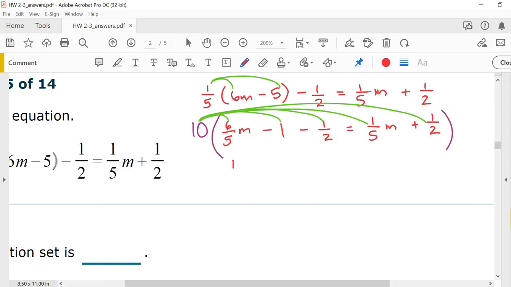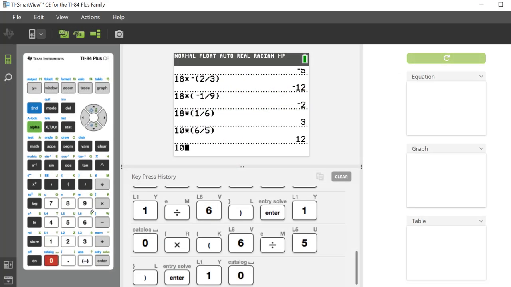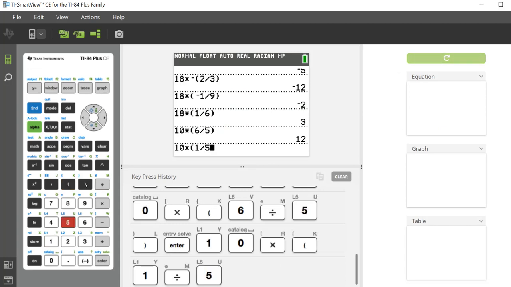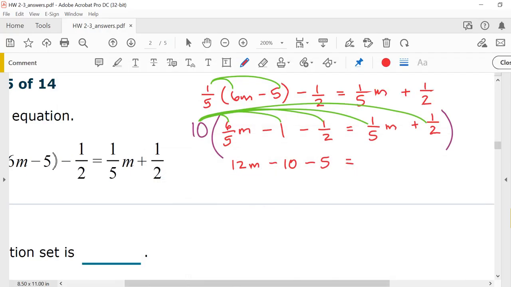So I get 12m minus 10 times 1 is 10. 10 times negative 1/2 is negative 5. 10 times 1/5 m. 10 times 1/5 is 2. So I get 2m. 10 times 1/2 is 5. So I get plus 5.